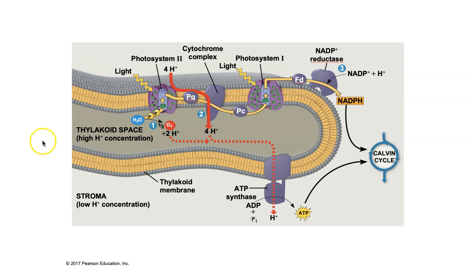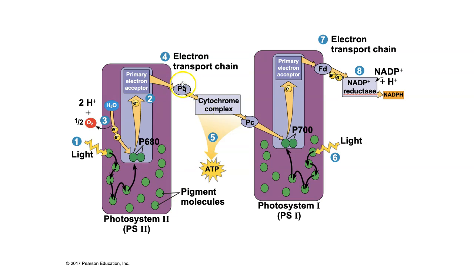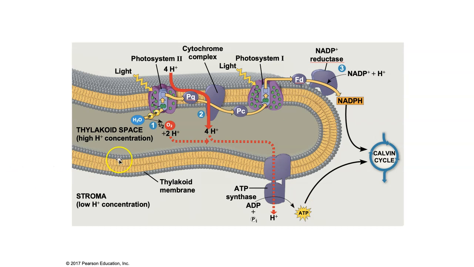Remember in the picture we saw that ATP was made. Here's the picture. This is what we're looking at. ATP is made, but it's not made from these proteins. It's made via the proton motive force that these proteins are creating. So now, over here somewhere else, we have the enzyme ATP synthase.